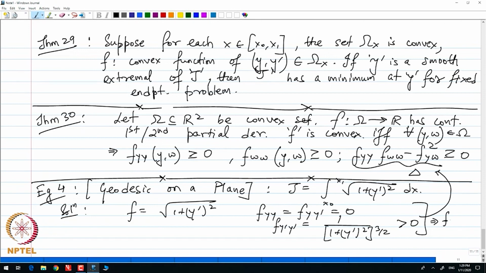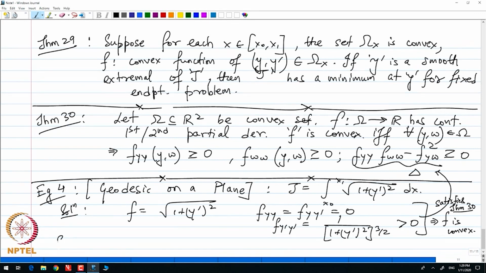We can see that these conditions certainly satisfy my convexity conditions. It implies that it satisfies the conditions of theorem 30. So, it implies that f is convex. The result from this statement, that f is convex, implies that the extremal that we find, which is the straight lines, will be local minima. Okay.